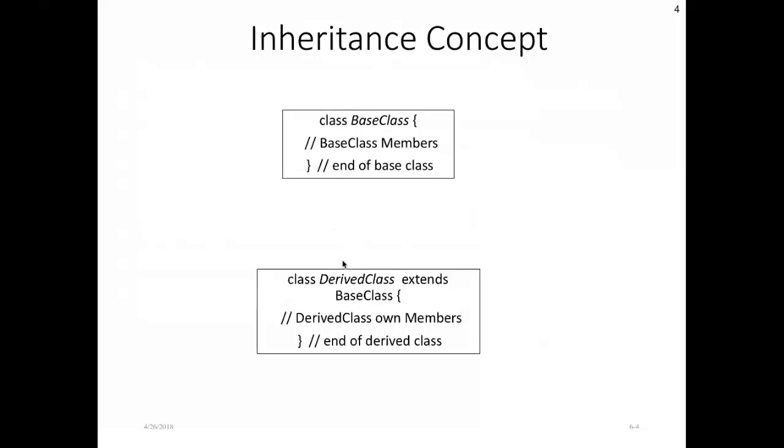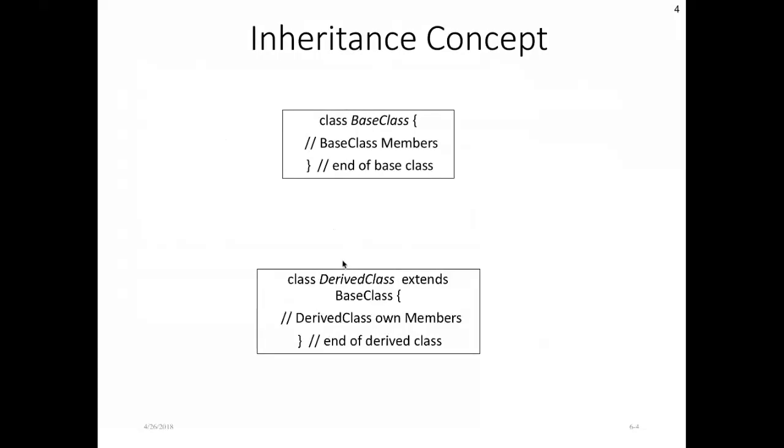If we want to use some of the inheritable features, not everything is inheritable, from the base class in my new class, which is called the derived class, then it is possible.